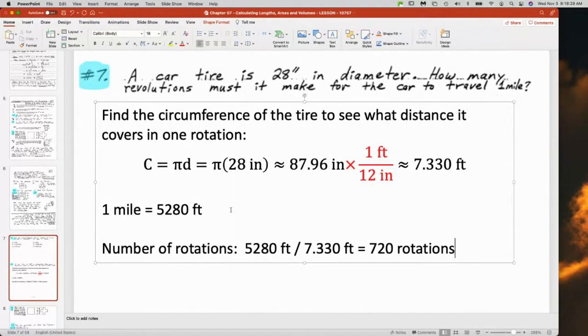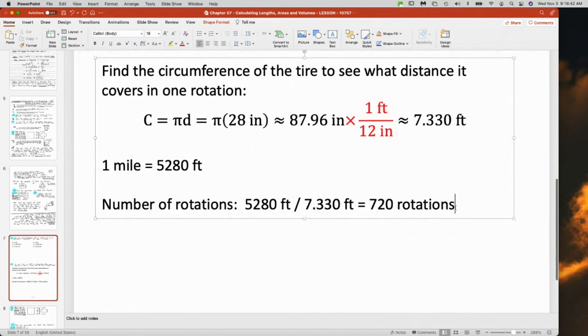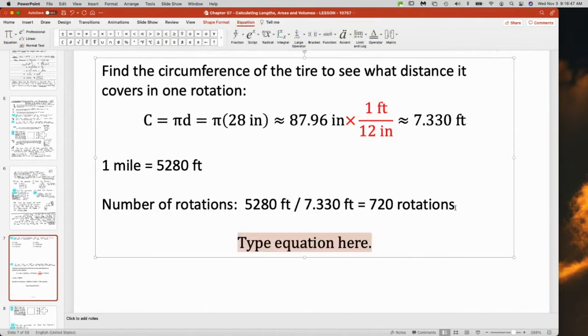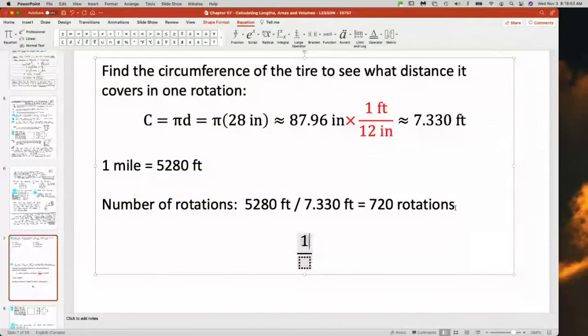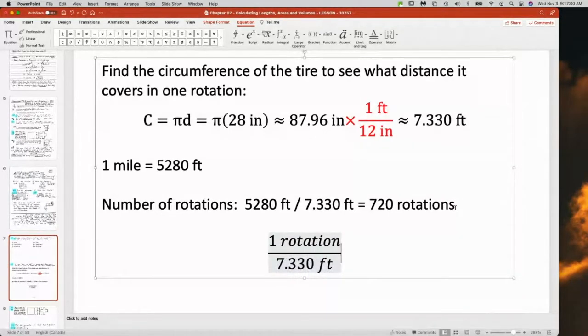All right. Now, some of you might be wondering, is there a more formal way of doing this? Could I use unit conversions, like I did with the previous chapters? Absolutely. Let me show you a more formal explanation, okay? What you can say is that one rotation is worth 7.330 feet.